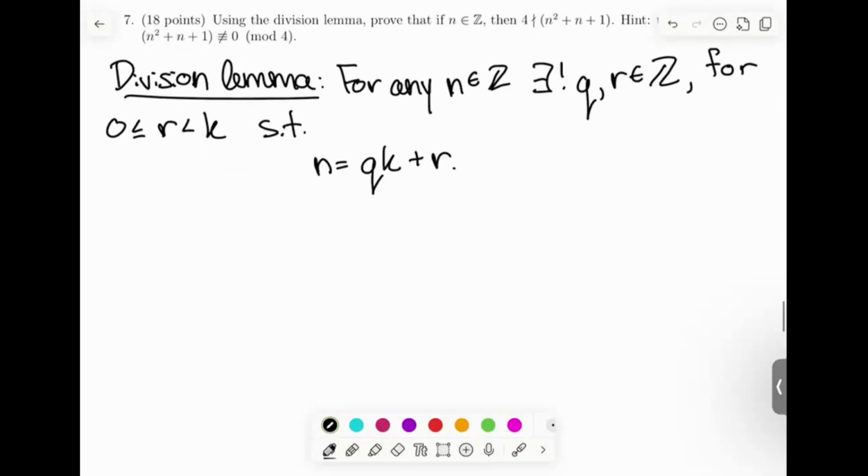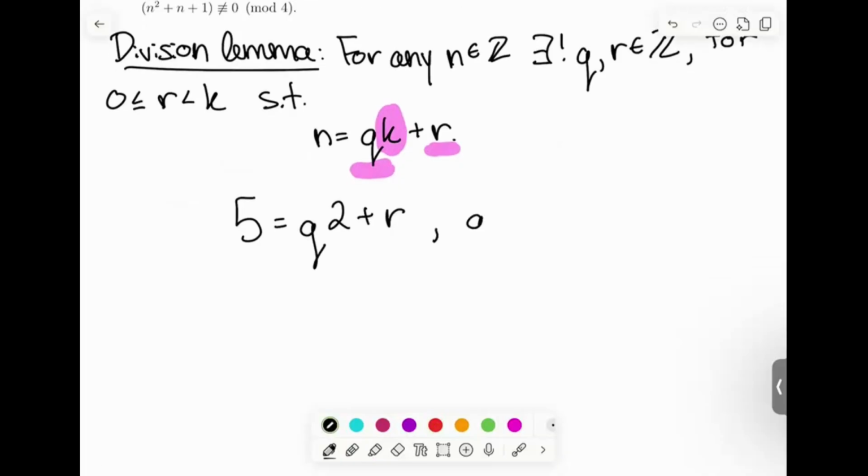Okay, so the idea here is that k is what we're dividing n by. q is how many times k goes into there, and then r is the remainder. Right? So like 5 can be written as q times 2 plus r. Here my q would be 2, and my r would be 1.